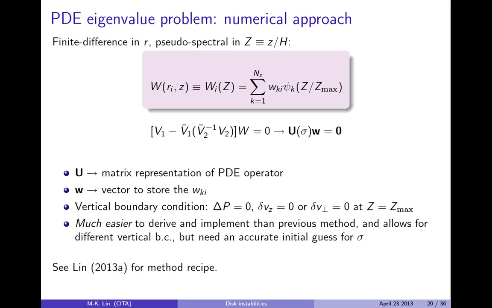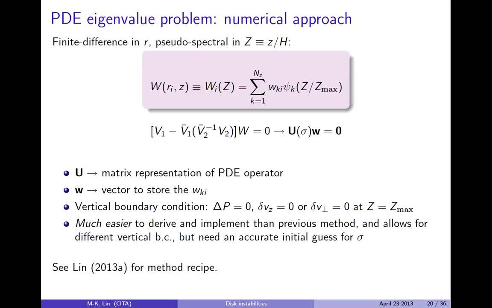The point is, we convert the original partial differential equation to a matrix equation. We're not converting it to an ODE first; we're directly converting the PDE to a matrix problem, and then we just put the matrix into a matrix solver. This numerical method is much simpler to use, so it's much more practical than the previous method, and it also gives us freedom to impose different vertical boundary conditions.